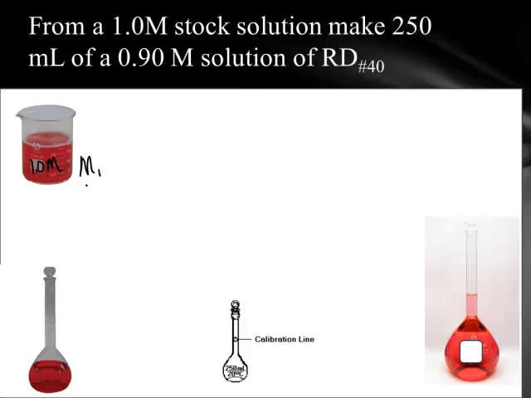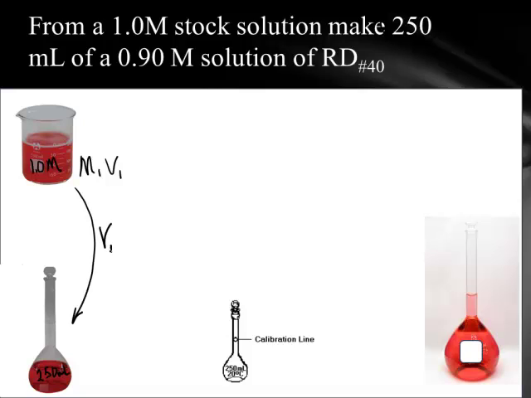We're going to take a certain volume that we will call volume 1, and we'll transfer that volume to a volumetric flask. Once we have it in the volumetric flask, and of course since we're making 250 milliliters of solution, this is going to be a 250 milliliter flask.